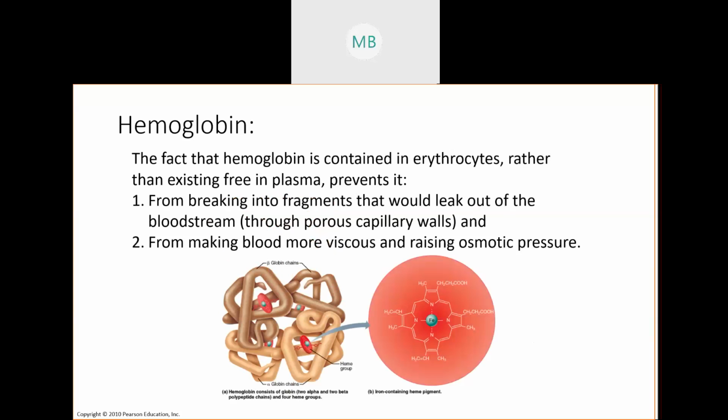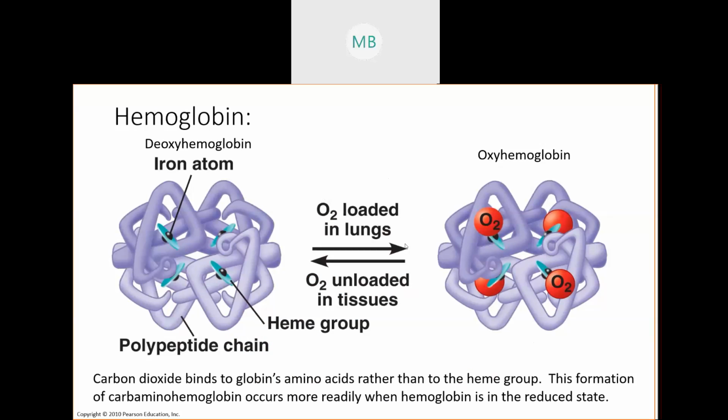So when this is loading in your lungs, here we go. When this is passing through the capillaries in your lungs, oxygen is loaded into the heme groups and sticks onto the iron in it. That produces something called oxyhemoglobin, which is a ruby red color. You guys have all seen this color before. What happens when you leave a rusty metal, like a rusty nail, outside in the rain?